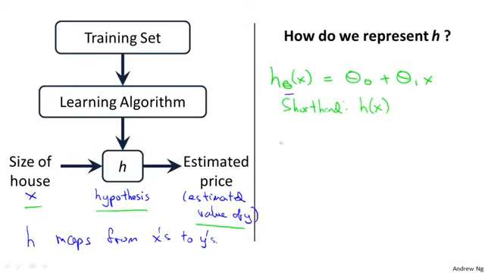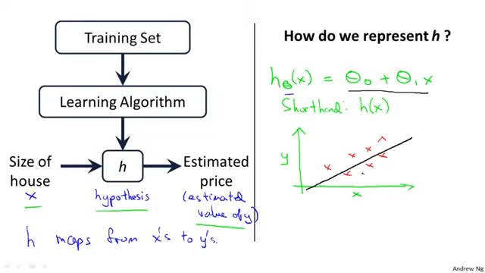And plotting this in pictures, all this means is that we are going to predict that y is a linear function of x, right? So that's our data set, and what this function is doing is predicting that y is some straight line function of x. That's h of x equals theta 0 plus theta 1 x.